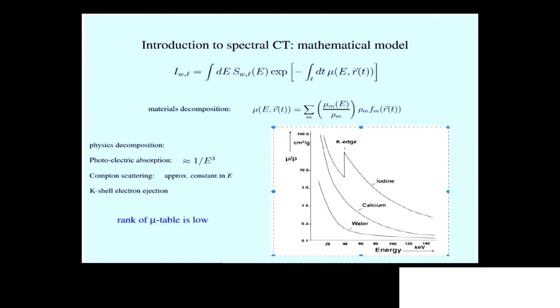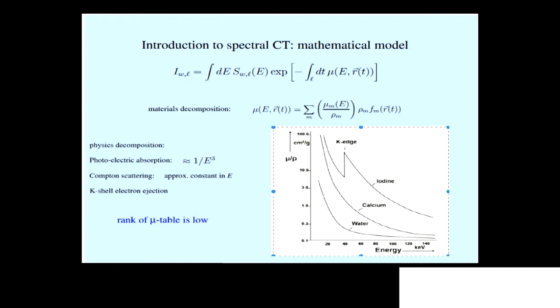Okay, I've written down this model again here. So how do we deal with this? Mathematically, this is a much worse problem than the original image reconstruction problem, because you have a spatial dependence to the attenuation map, and you have an energy dependence. So now you've gone from 2 to 3 dimensions if you were doing 2-dimensional scanning before, or 3 to 4.